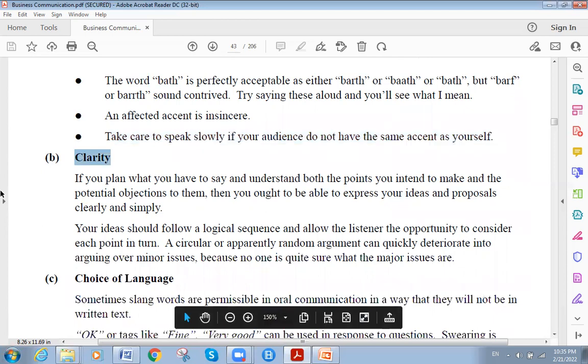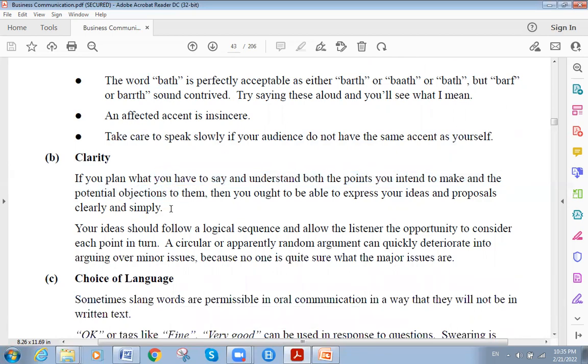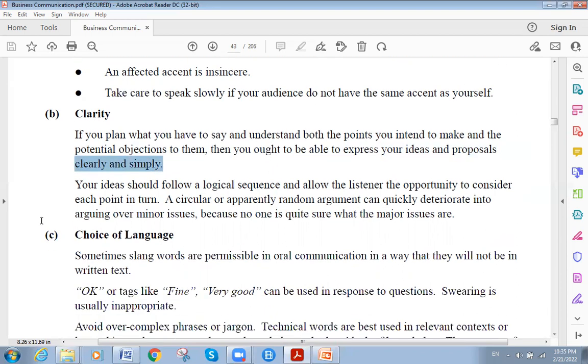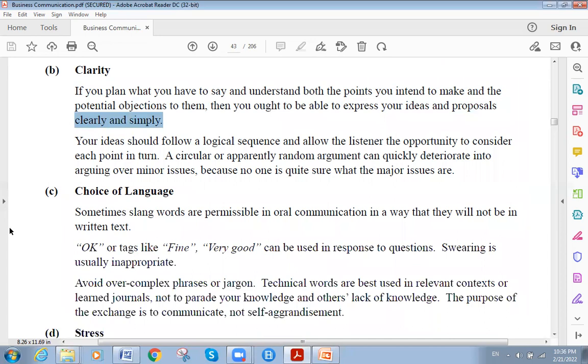How about clarity? If you plan what you have to say and understand both the points you intend to make and the potential objections to them, then you ought to be able to express your ideas and proposals clearly and simply. So be simple and be clear in your ideas, in your speech, and everything.